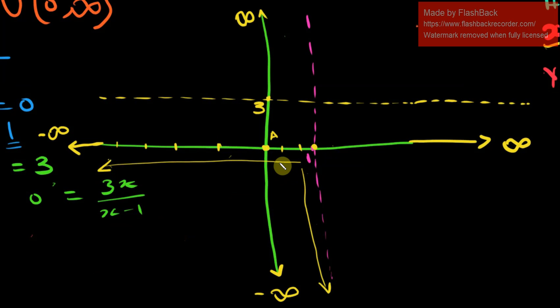To get the behavior of the graph, we substitute points on this side of the asymptote. So this is 1.